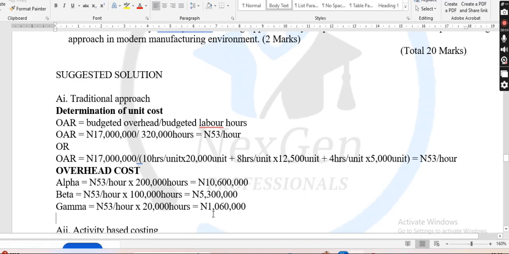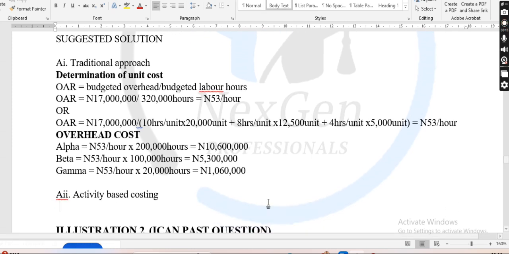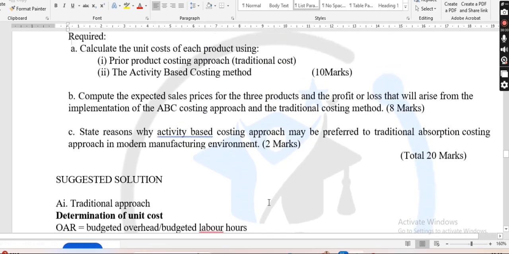Now, if this is established, you can see this is the cost. The question says just the unit cost. Now, we will move to the activity-based costing. What are our steps in calculating activity-based costing? First thing for you is to know the activity level.